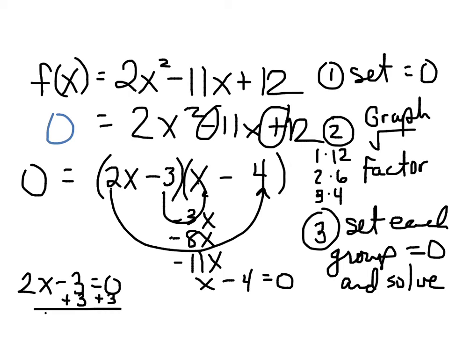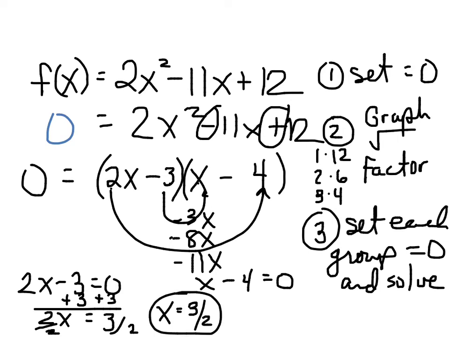Divide by 2. What's 3 divided by 2? 3 over 2, 1.5, 1 and 1/2. You're all the same there. How about the second group? Add 4. What's 0 plus 4? So x equals 4. So what do you think?